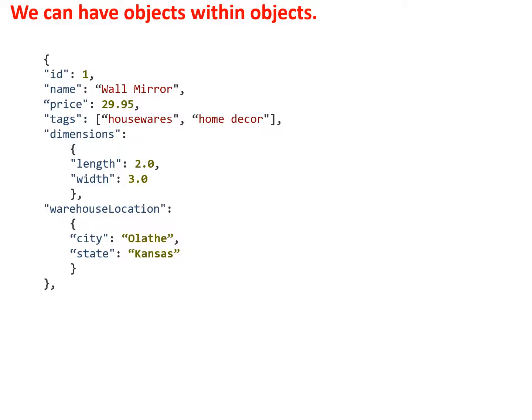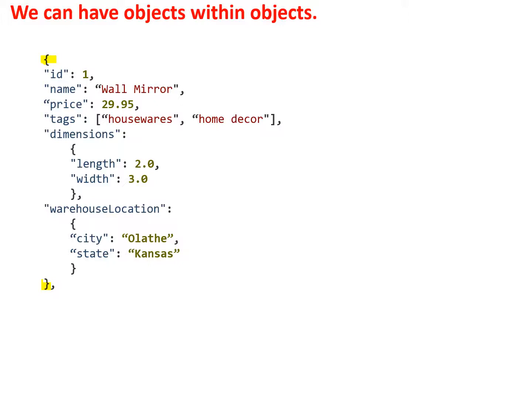Now, it's possible to have objects within objects. In this case, we start with a beginning brace, and its ending brace is down here. So it looks like one record of data: something called a wall mirror, and it has a price and an ID and so on.